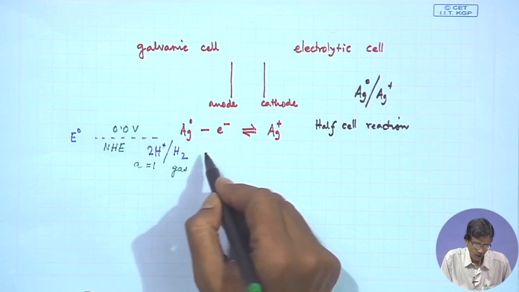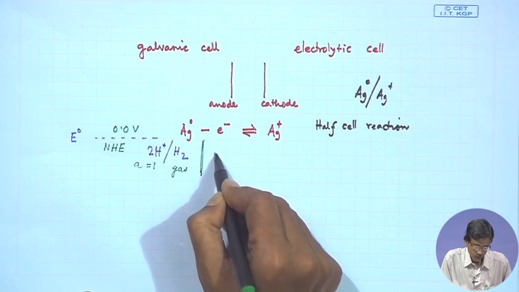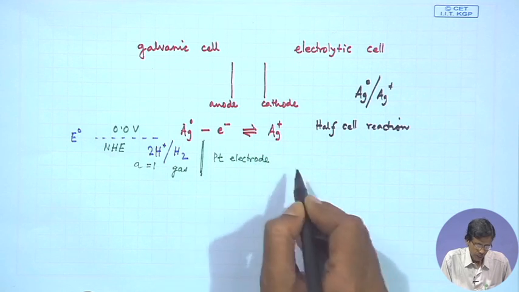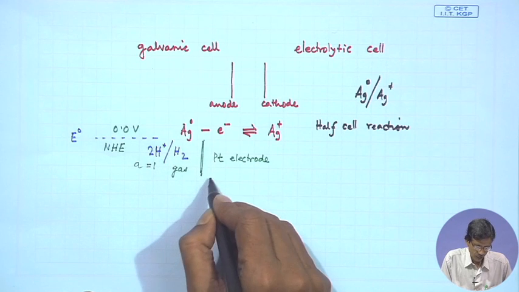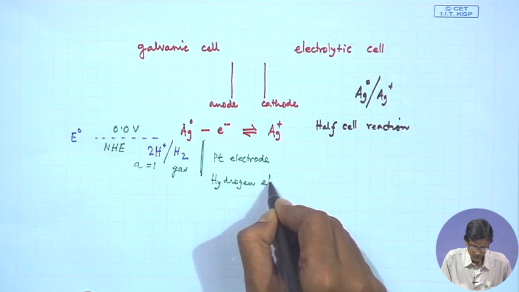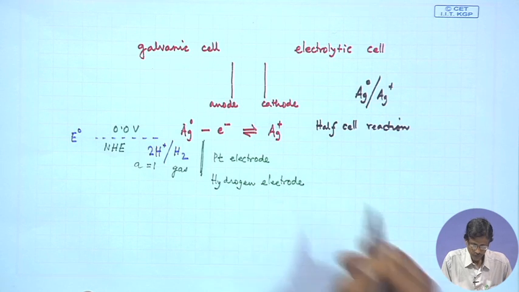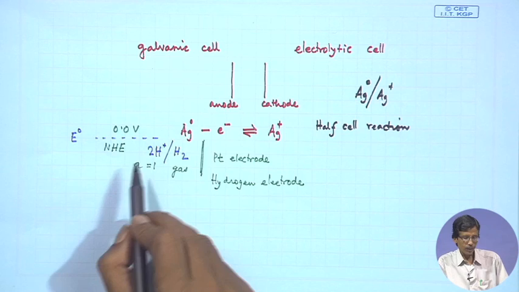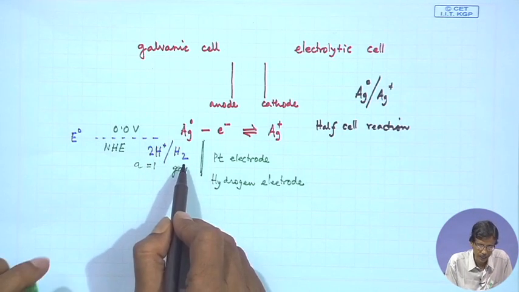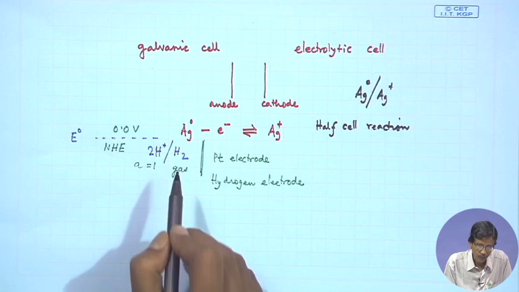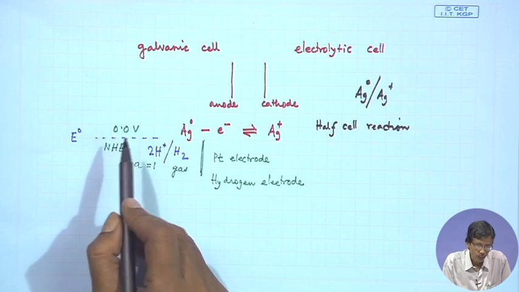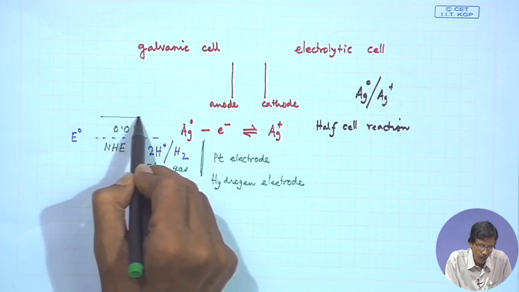So, we get that on a platinum electrode. So, that platinum electrode gives rise to the corresponding setup for the hydrogen electrode. Based on this particular half cell, the tendency of the hydrogen ion for its reduction to give rise to hydrogen gas is considered as the standard, 0.0 volt, and with respect to that we label all other species.